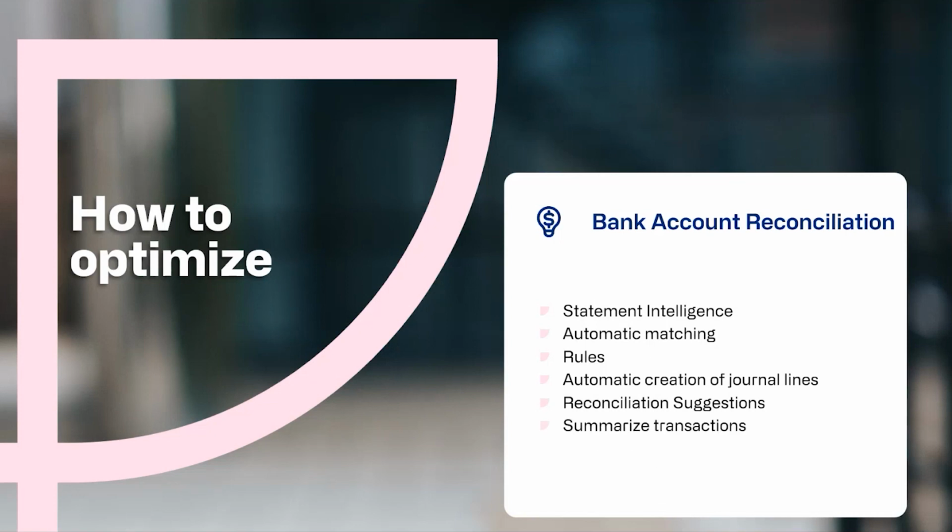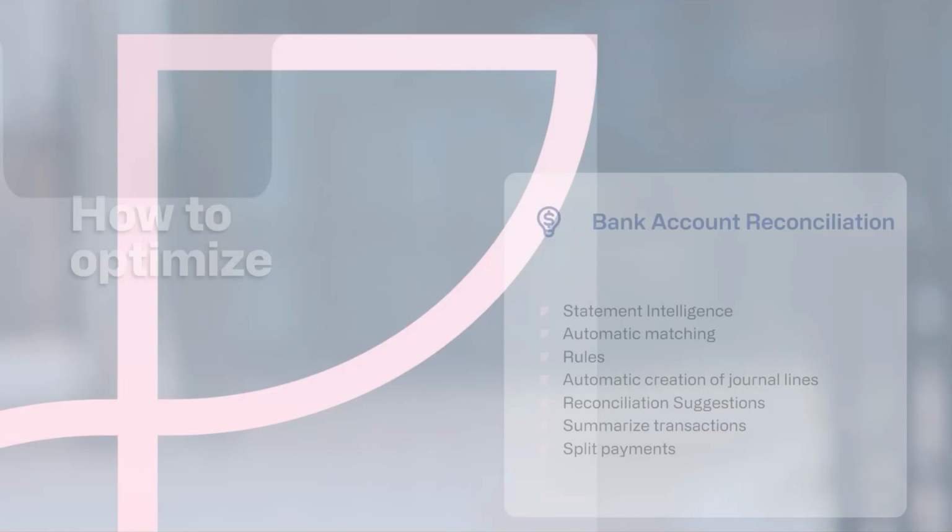Then we have summarize transaction, which is a way to summarize payments coming in, which can be summarized based on a string and character set in those strings. And then we have the possibility to split payments if we get additional information about which invoices a payment, for example, covers.